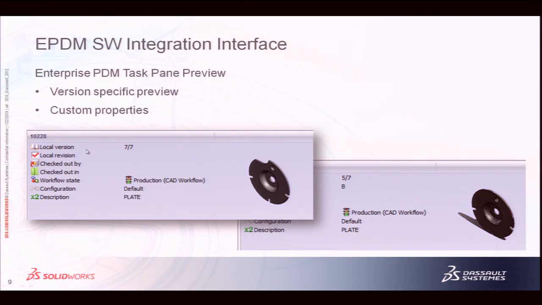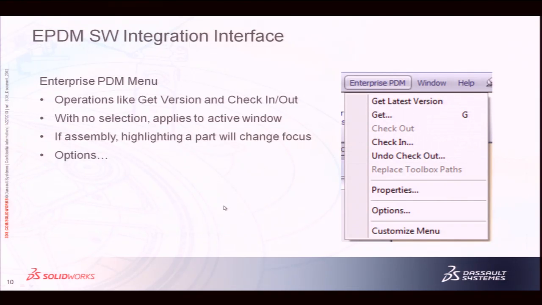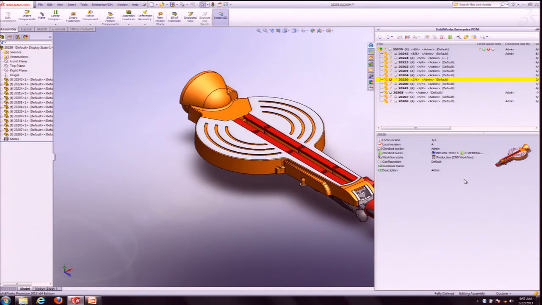It also contains some properties, and we can change some of this, and I'm going to go through that. It shows some properties about the file that you've selected, like its workflow state, its revision, its version, stuff like that. And that's what you see in this window down here. So as we click on different things, it'll show you the differences.